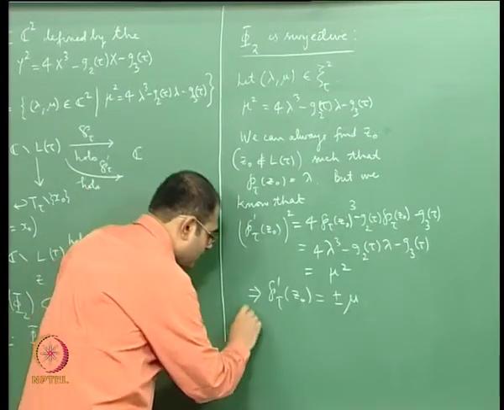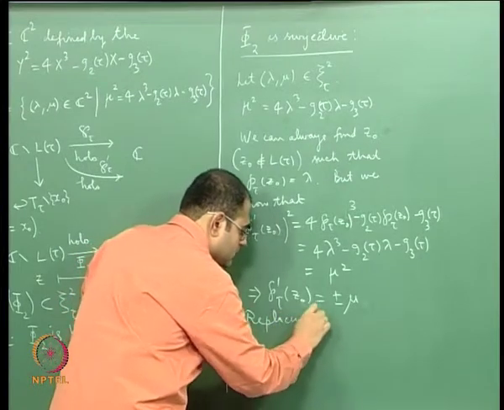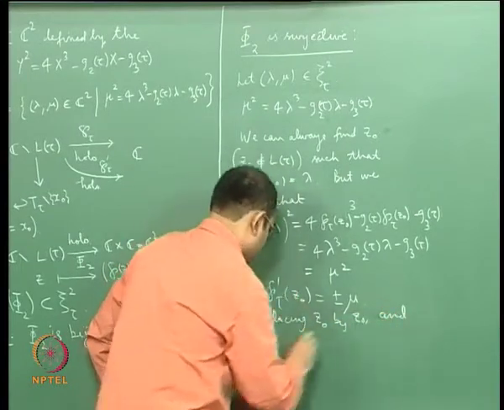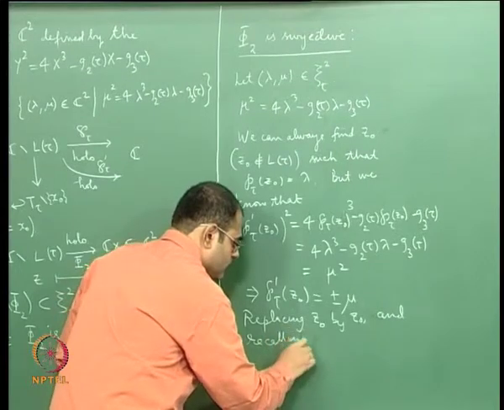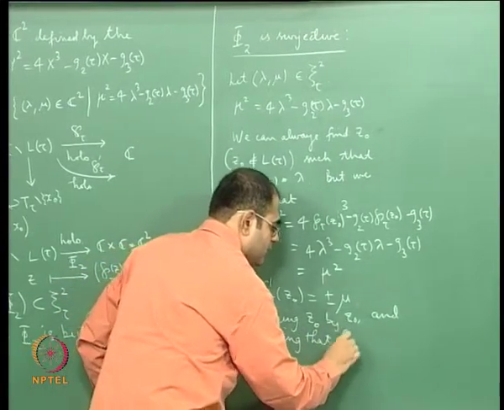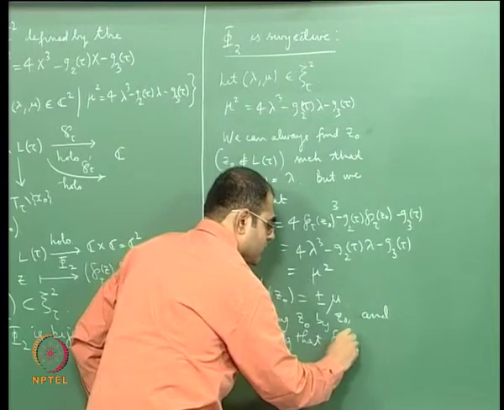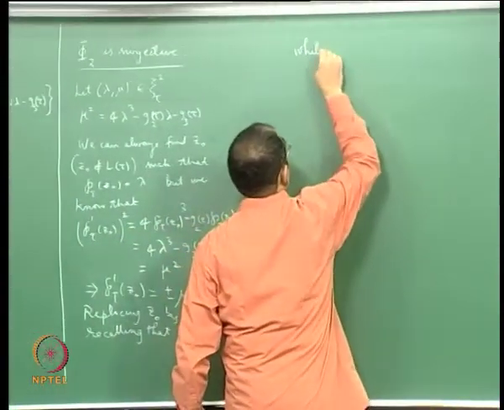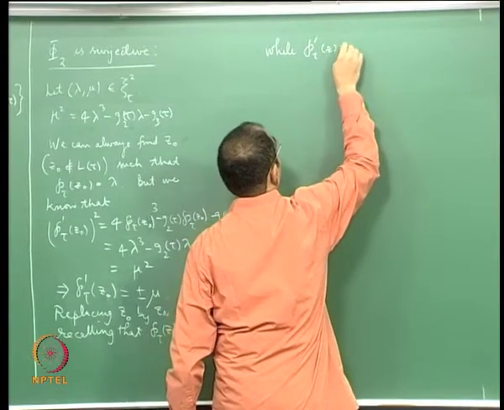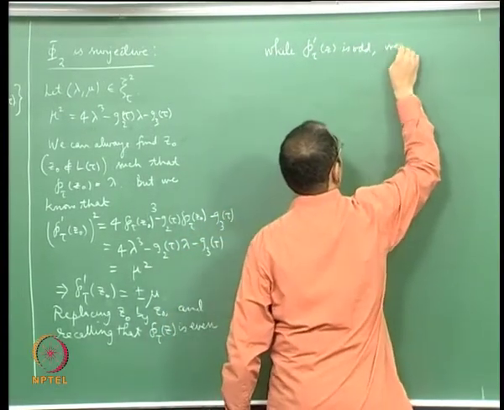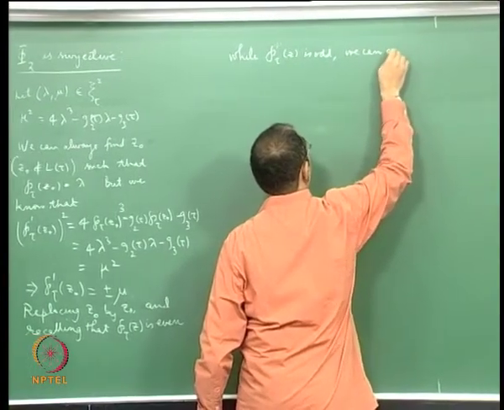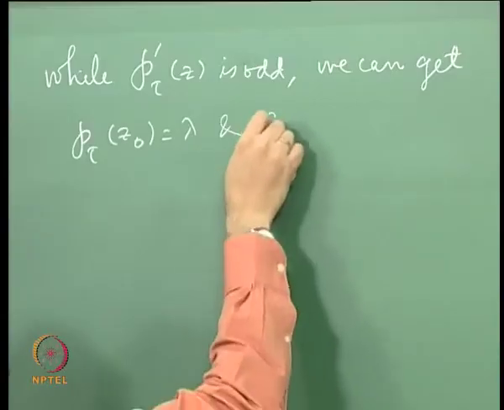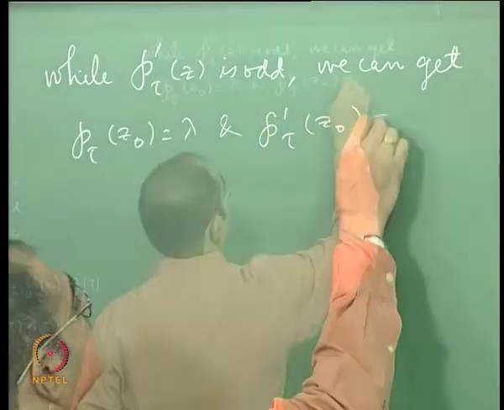So replacing z0 by minus z0, and recalling that phi tau of z is even while phi prime tau of z is odd, we can get phi tau of z0 equal to lambda and phi prime tau of z0 equal to mu.